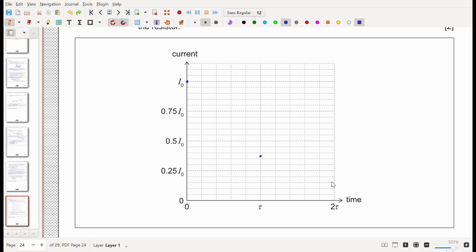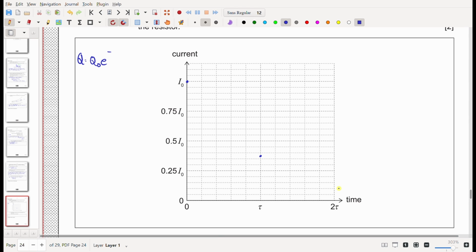So when you take the equation Q is equal to Q naught e power minus t by tau, correct? Yes, minus t by tau. The time constant is basically the amount of time it takes for your charge to become half. So 1 by 2 is equal to e power minus t by tau.